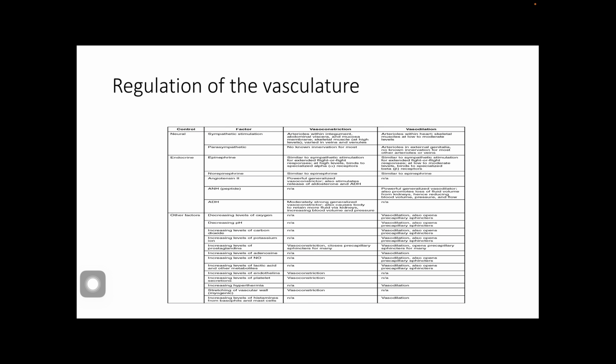Then we have natriuretic peptide that can potentially have some effect on vasodilation, and ADH, again, increased vasodilation for perfusion of the kidneys. Or sorry, ADH is going to be a fluid retention antidiuretic, opposing kidney urine production. And then lots of other factors can potentiate these things, like nitric oxide.